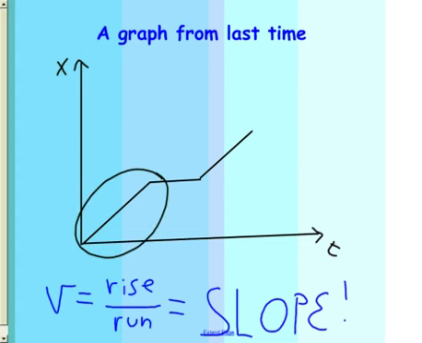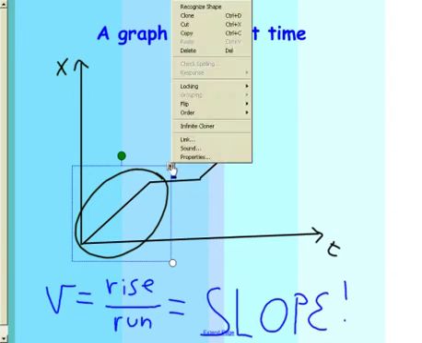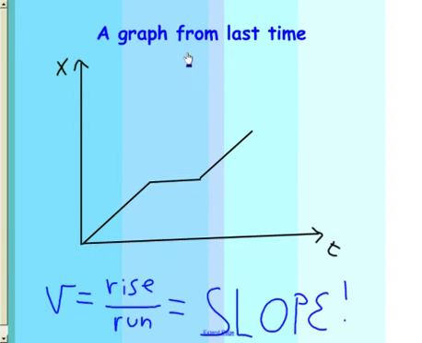In this section, it's some positive number. So they have a velocity that's positive. They're moving in the positive direction. In the center section, the flat part, the rise is 0, so the velocity is going to be 0. And then again in the third section, they have a positive velocity again.